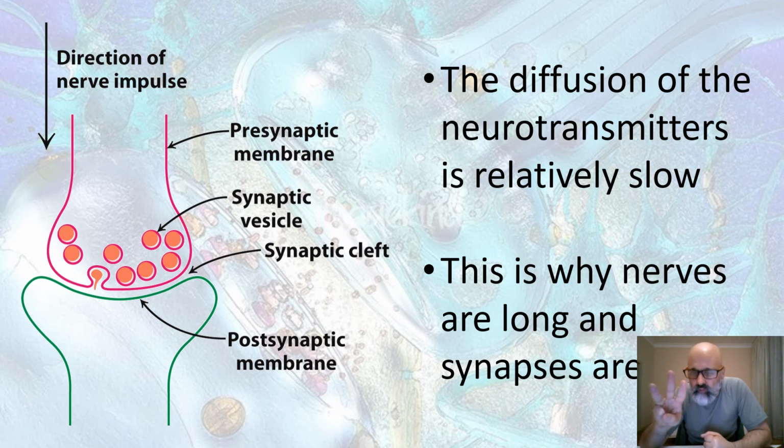If you've got 3 nerve cells, that's only 2 synapses. So the diffusion of the neurotransmitter is relatively slow, but there's only two synapses that the impulse, the signal, actually has to travel along in a simple reflex arc. This, of course, is why nerves are very, very long and synapses are very few.